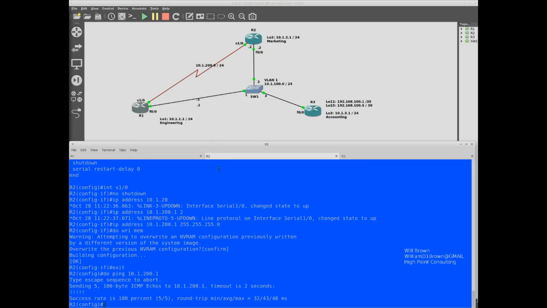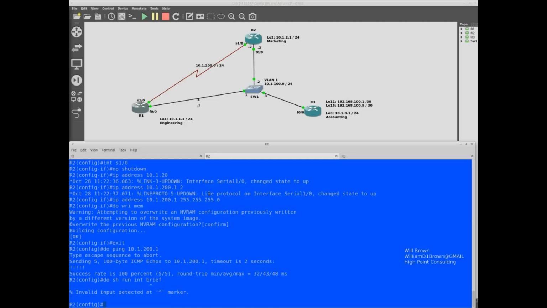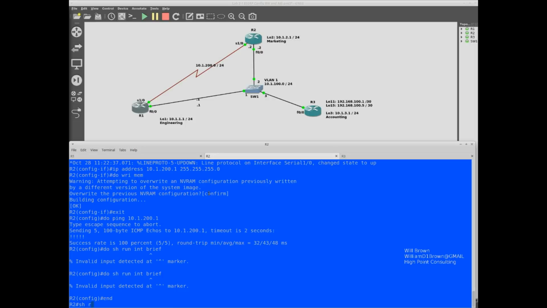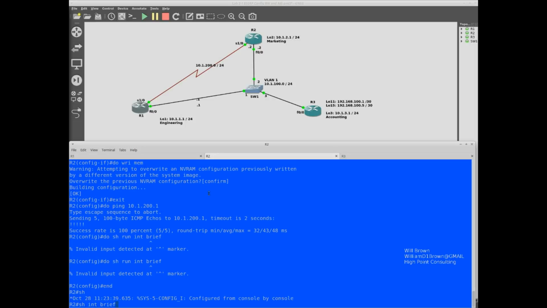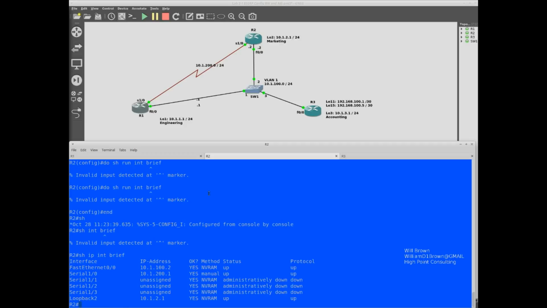Did I say no shut? Do show IP int brief. Serial is in the up and up state.